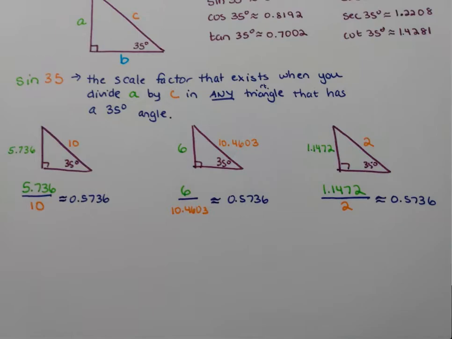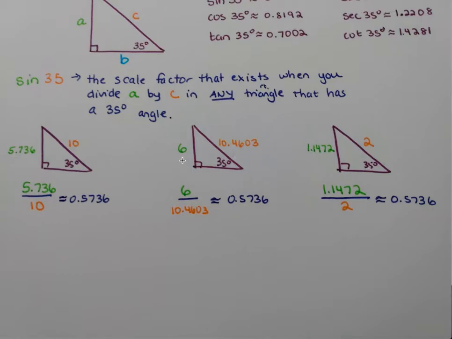So now, if this side is 10, this side would have to be 5.736, so that when I divided them, I got that. If this side were 6, this side would have to be this strange 10 point something, so that it would divide out. If this side were 1.472 and this side were 2, it would divide out.